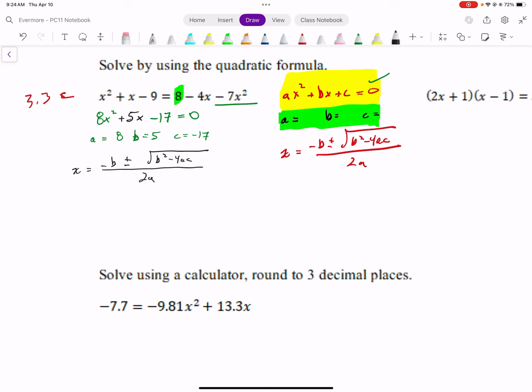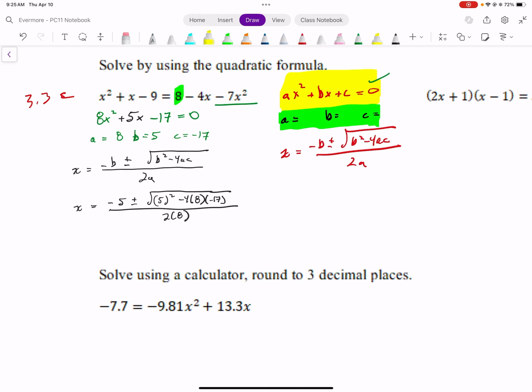When you plug in those values, x is equal to negative 5 plus or minus the square root of 5 squared minus 4, a is 8, c is negative 17, all of that divided by 2 times 8.